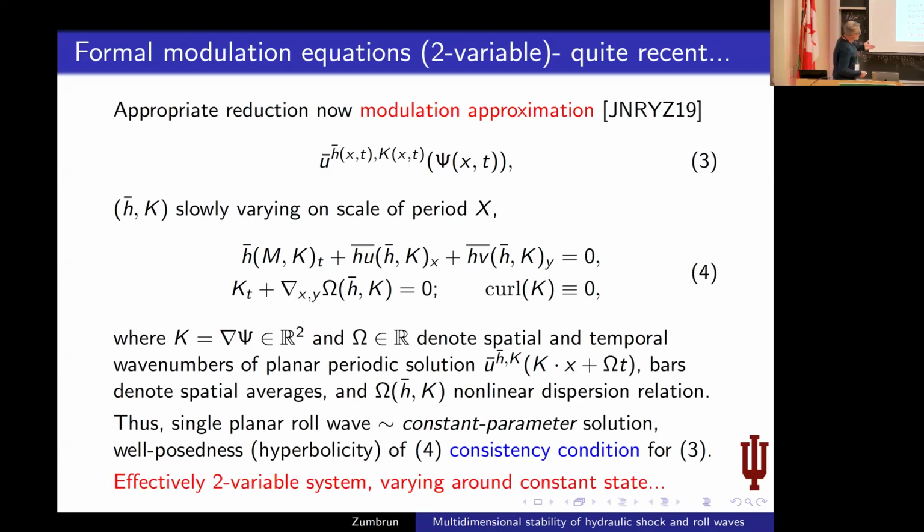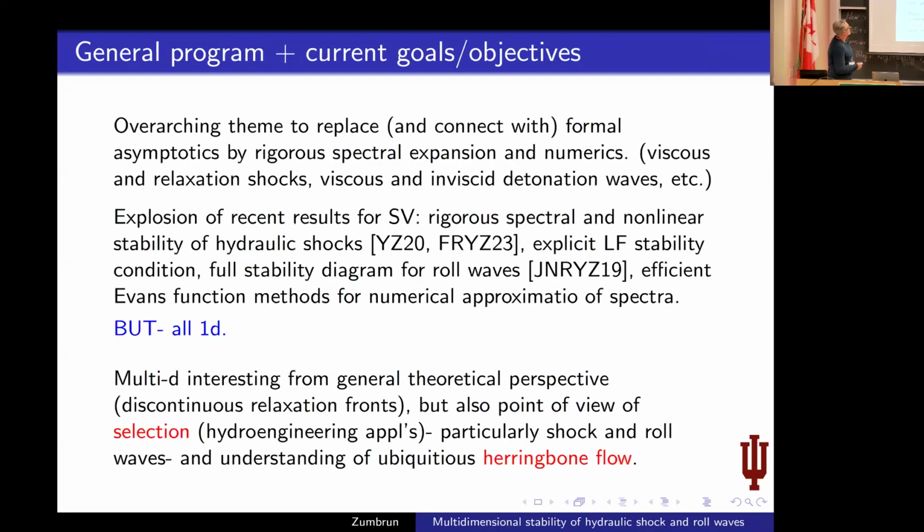So well-posedness or hyperbolicity of this equation would be a consistency condition for 3, and it's a 2-variable system varying around the constant state. Okay, but we're going to try to, as we've seen, it's better to work with the exact eigenvalue analysis. It's actually simpler than the formal asymptotics to do it exactly.